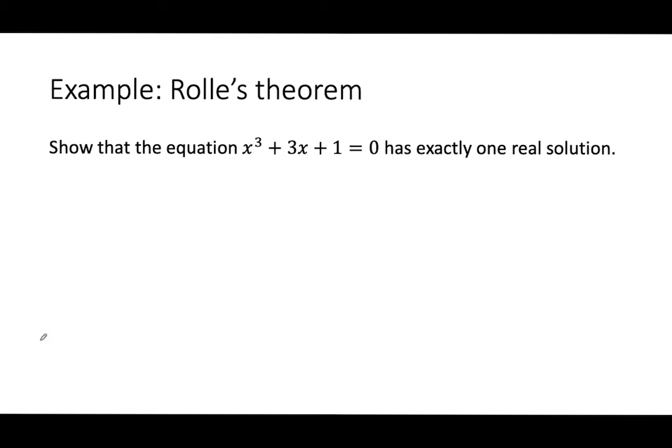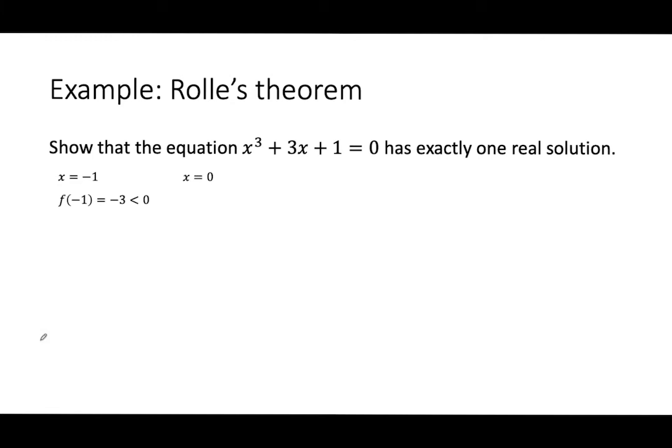Okay, let's look at this example. Show that the equation x cubed plus 3x plus 1 equals 0 has exactly one real solution. So first we need to find the interval where this solution might be in. Let's take x equals -1, and when we substitute, we will get -3.